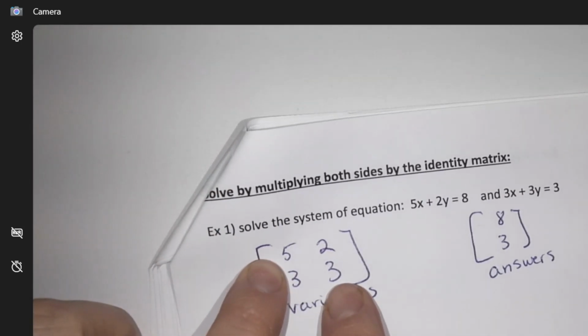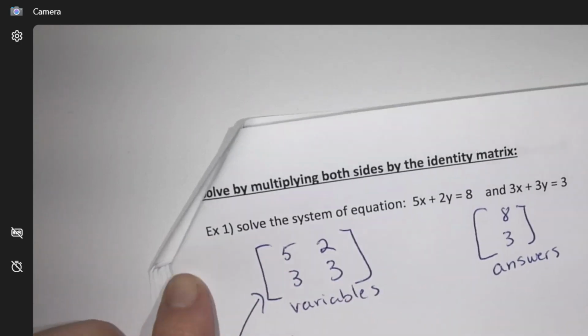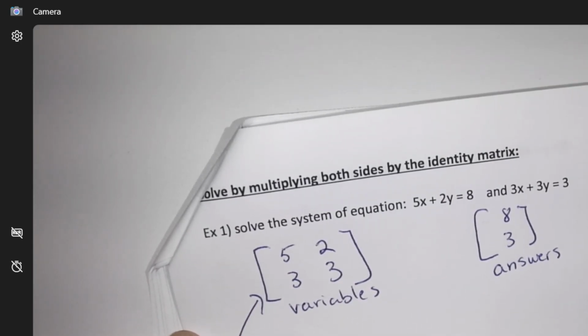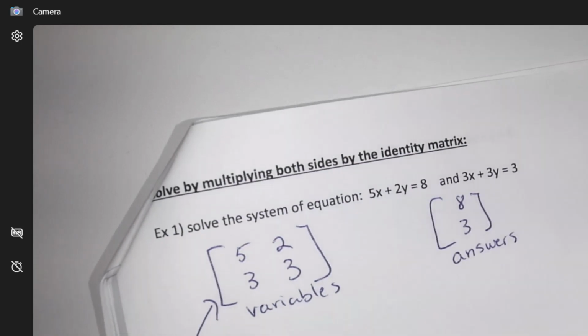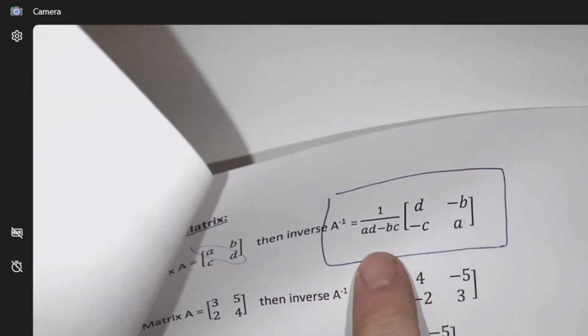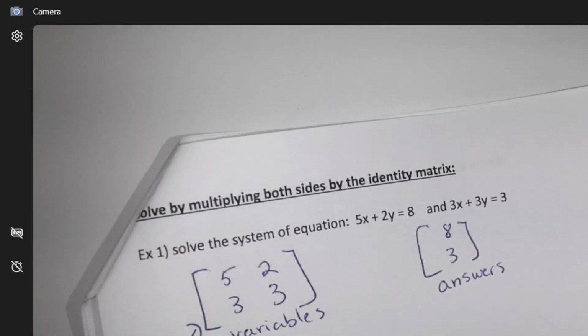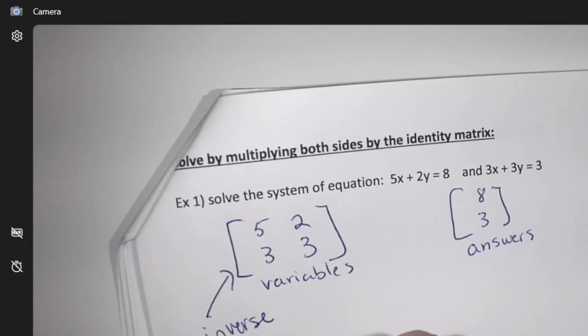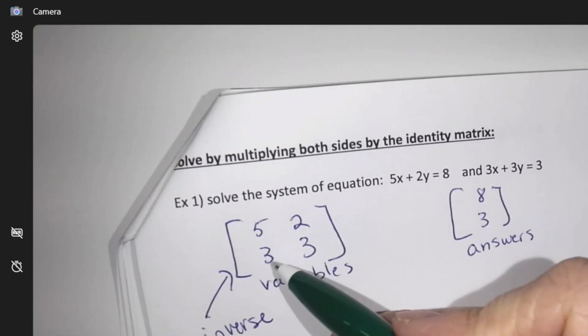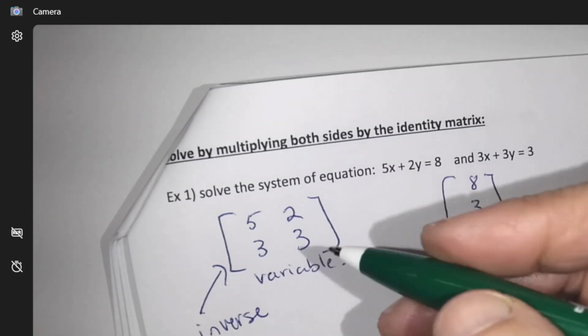So that's going to be 15 minus, so following this formula, B times C. B times C is 2 times 3, so 6.